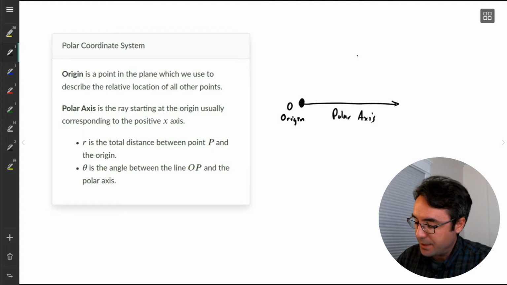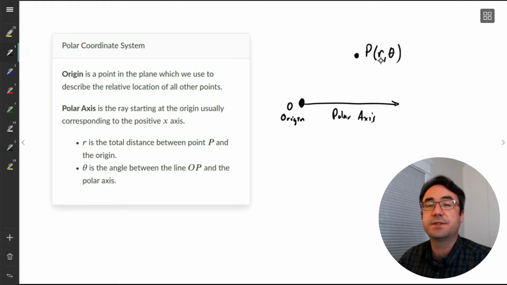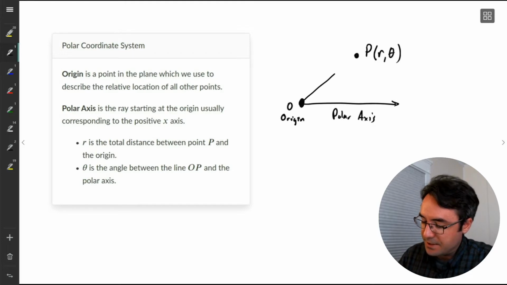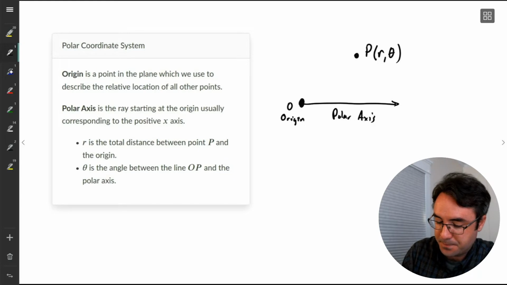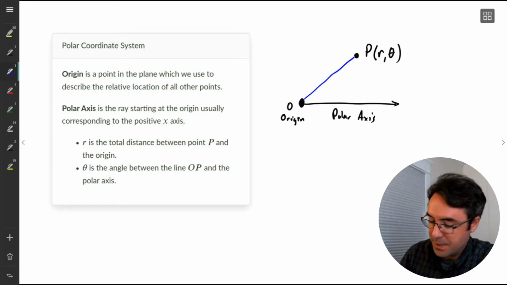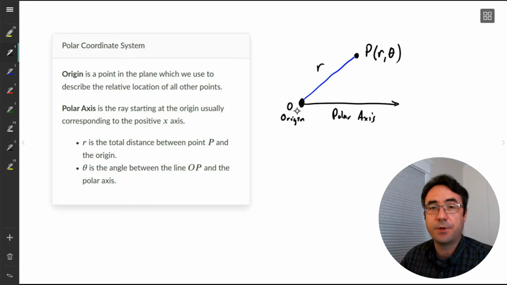And so if we had a point just sitting there on the plane, how we describe this point in polar coordinates is with r comma theta. So that first value, r, represents the distance our point is from the origin. It's the distance between these two points, r.